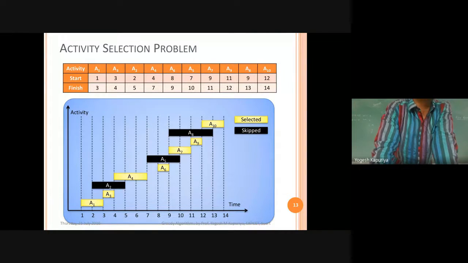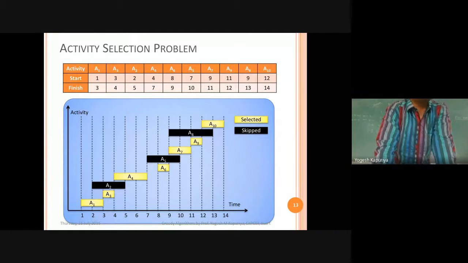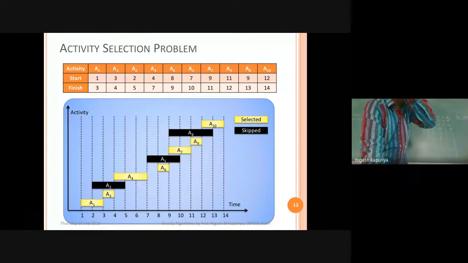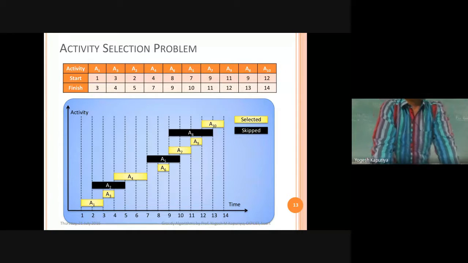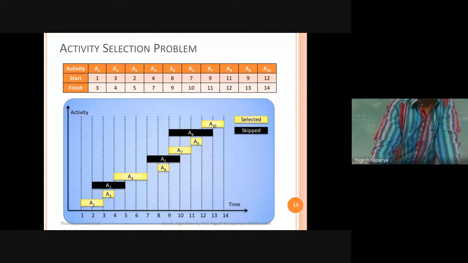The next in the sequence was A3, because A3 had a lesser finish time. At the time of picking A3, you have to check whether A1 is finished or not, because A1 is the currently executing activity. That can be checked by comparing the finish time of A1 against the start time of A3.